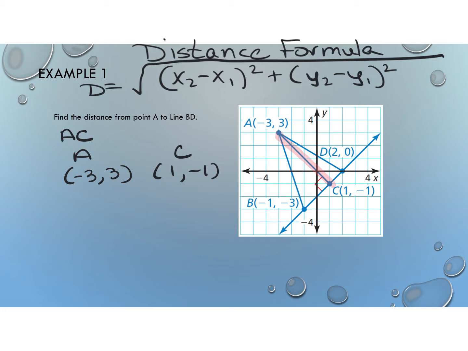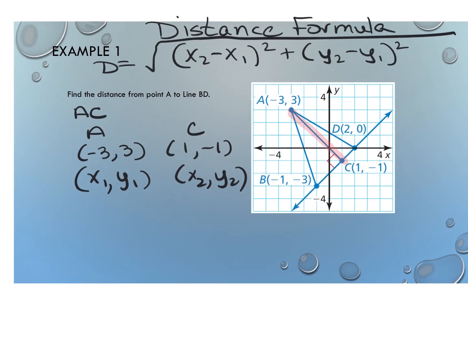I'm going to go ahead and label my ordered pairs just to make it easier for me. This will be my x sub 1 and my y sub 1, so this is my ordered pair number 1, and then C will be my ordered pair number 2. So now I can plug those four numbers into the distance formula.